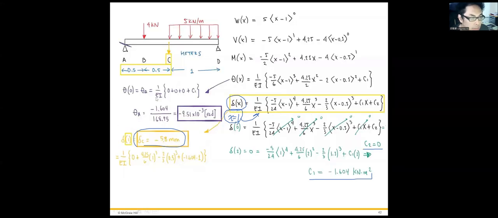Oh, sorry, I forgot one value: the slope, the angle at point A. When it's deflected, there's an angle right here, theta, the slope. We use this equation, plug in x equals 0, and we get that this angle equals minus 9.51 times 10 to the power of minus 3 radians. So we figure out the slope at point A and the deflection at point C.